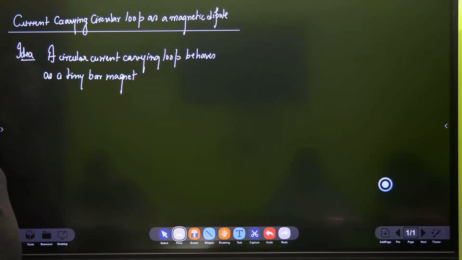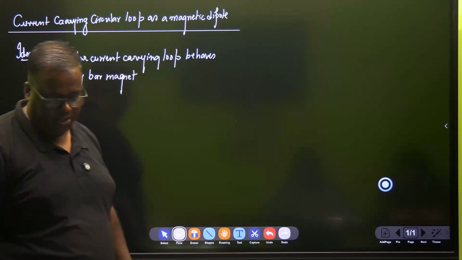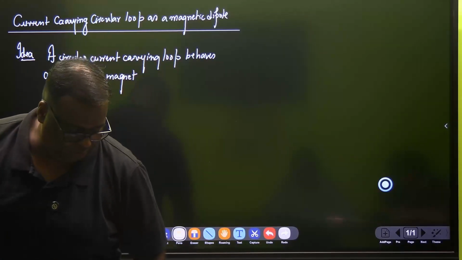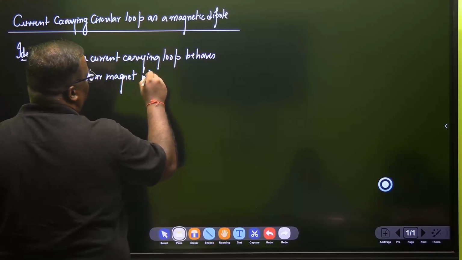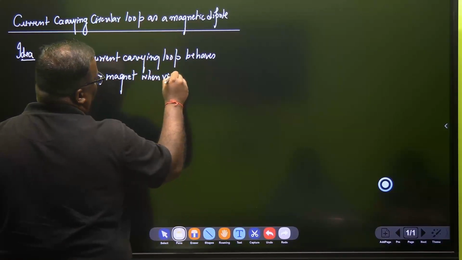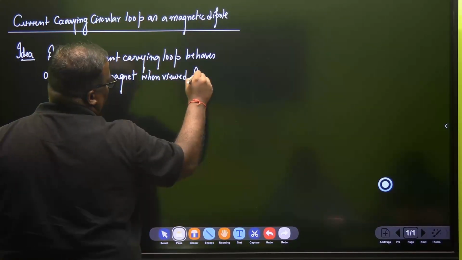A current carrying circular loop behaves as a tiny bar magnet when viewed from far away. And you will understand why this far away clause was put.